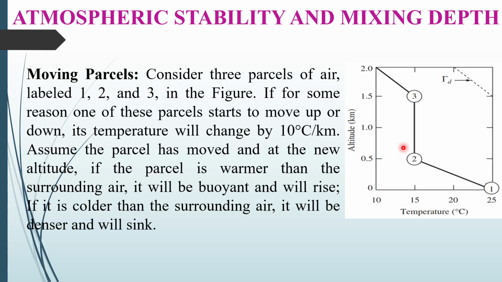If the parcel is warmer than the surrounding air, it will be buoyant and will rise, and if it is colder than the surrounding, then it will be denser and will sink.